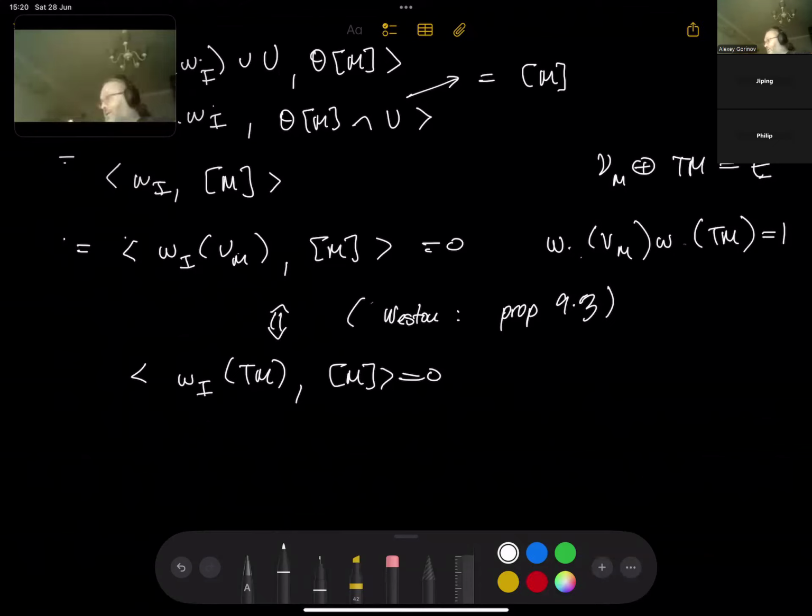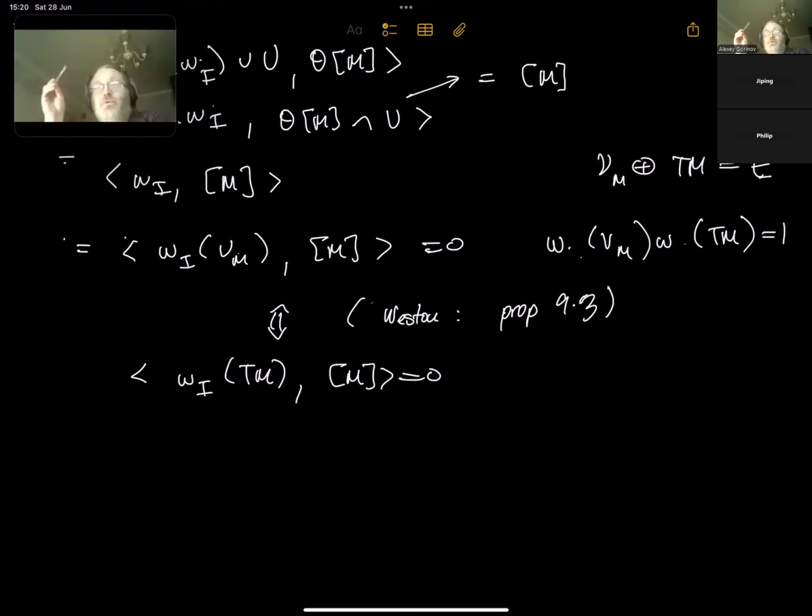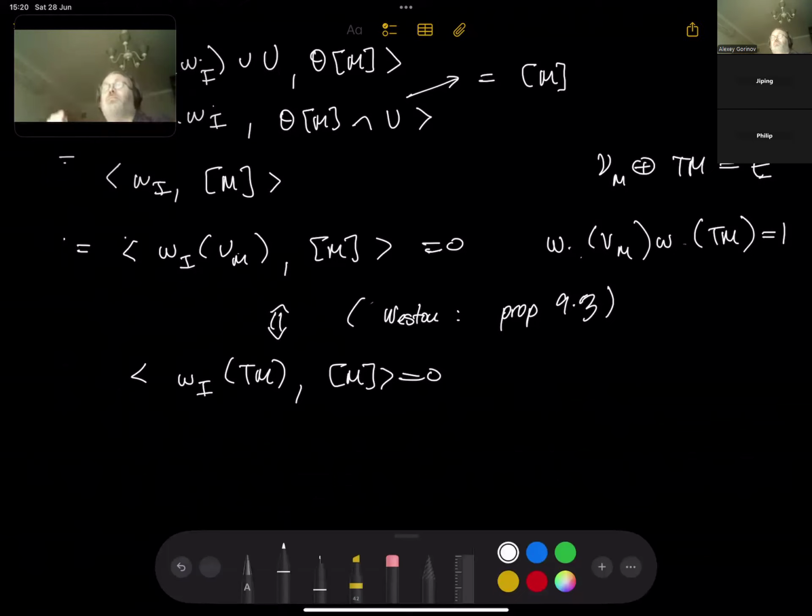But we don't need this, because we were able to say that if all tangent Stiefel-Whitney numbers are 0, then all normal Stiefel-Whitney numbers are 0, and vice versa. So this is an if and only if, and that gives us what we wanted: the Stiefel-Whitney numbers of the tangent bundle do indeed determine cobordisms.